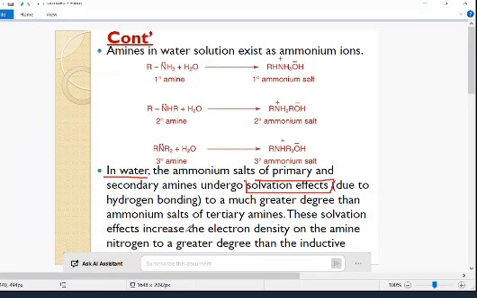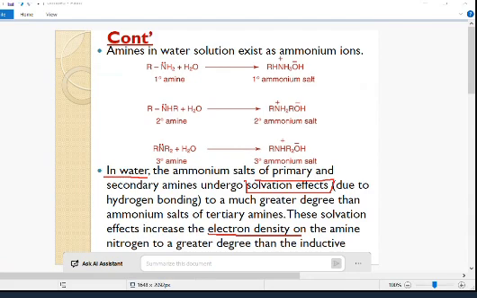This solvation will introduce the water molecules. The water molecules are rich in electrons, and therefore, when you increase the electron density of that particular amine, you end up increasing the electron density. So it is always good to know why it is basic in nature and why it is weak.